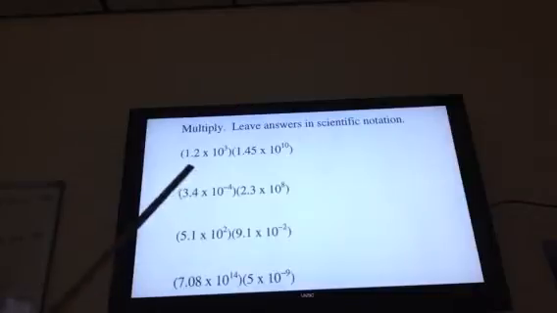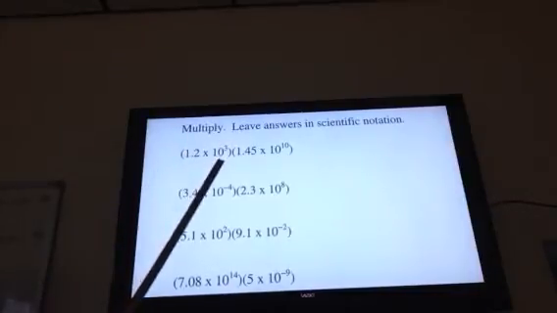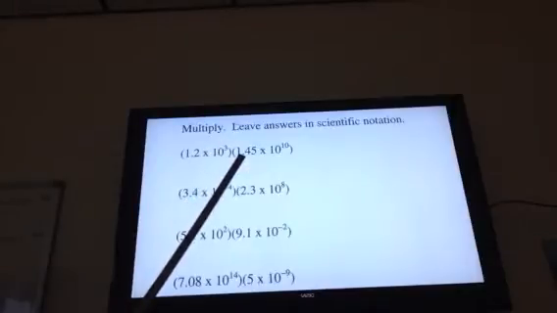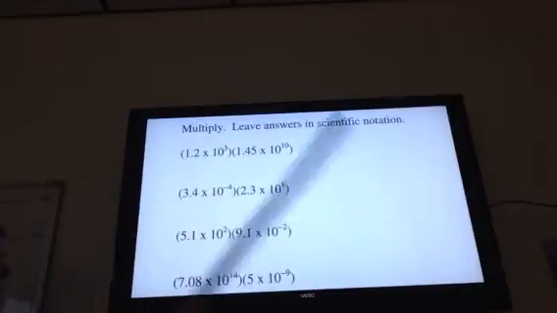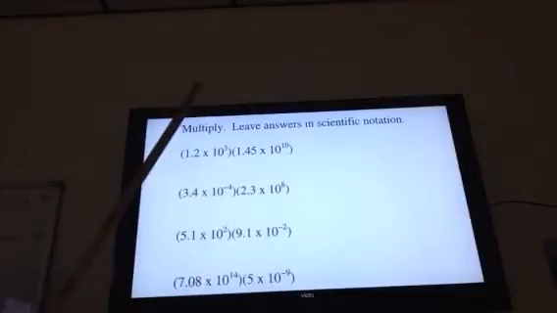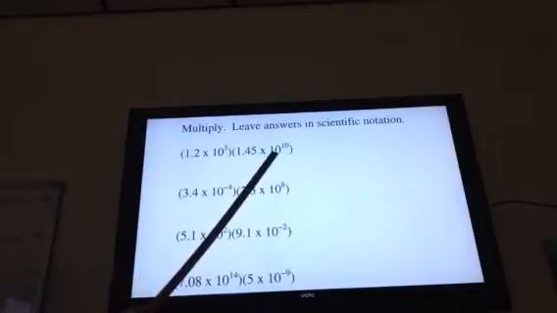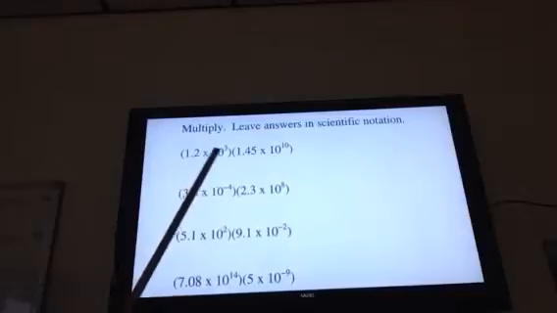When you multiply, this is like taking 1.2 times 1,000 times 1.45 times 10 billion. Okay? So you're multiplying really 4 numbers together.